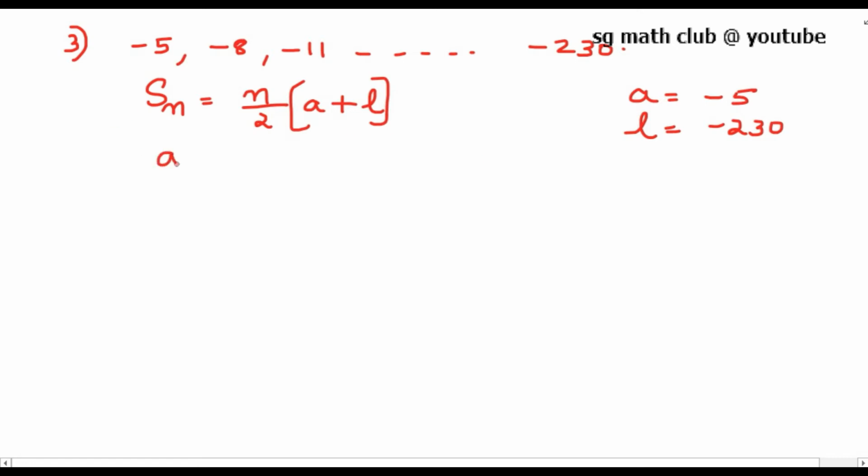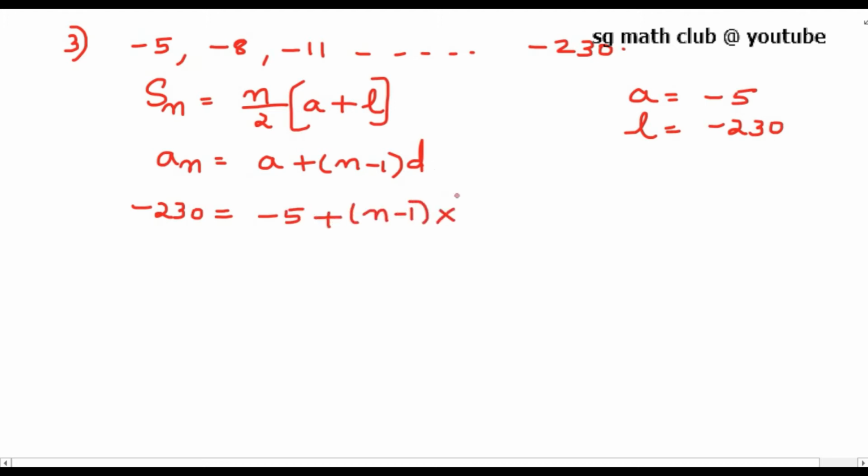How will you find n? an = a + (n − 1)d. So −230 = −5 + (n − 1)d. d is a2 minus a1, that is −8 + 5. d is −3.